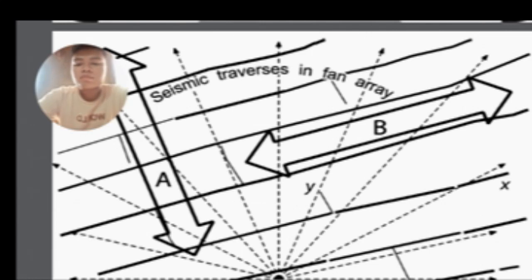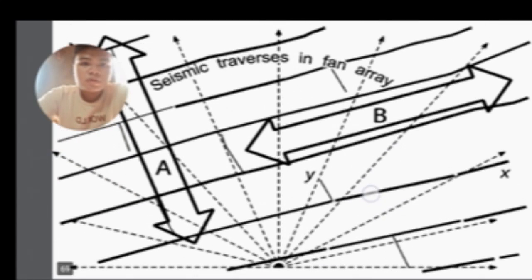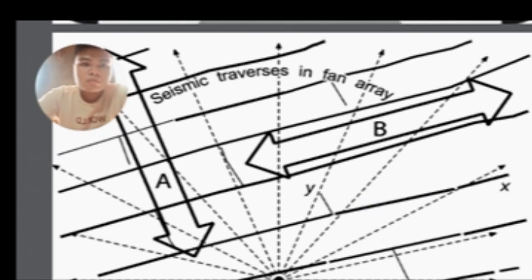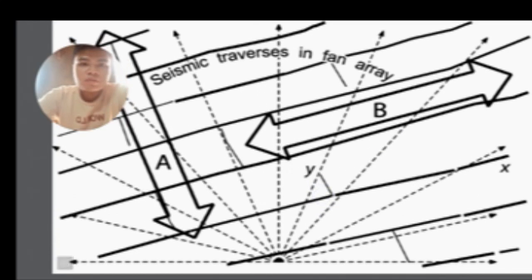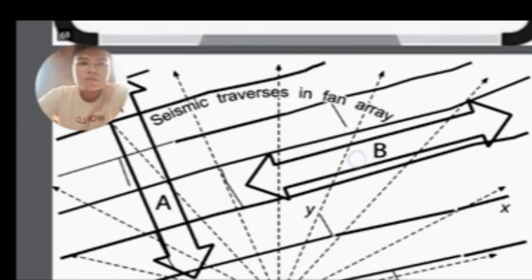A seismic array would show a higher velocity in direction B than in direction A, thus indicating the strike of the dominant joint. So as you can see, there is a difference between the X and the Y, and the directions A and B between the traverse.